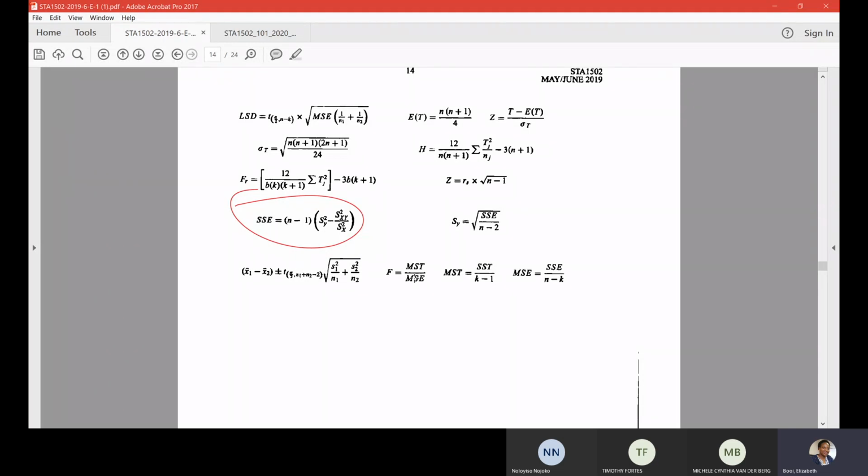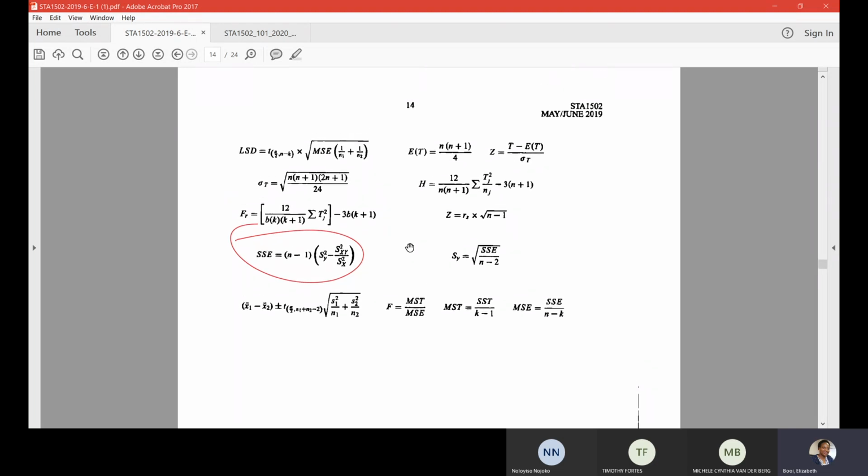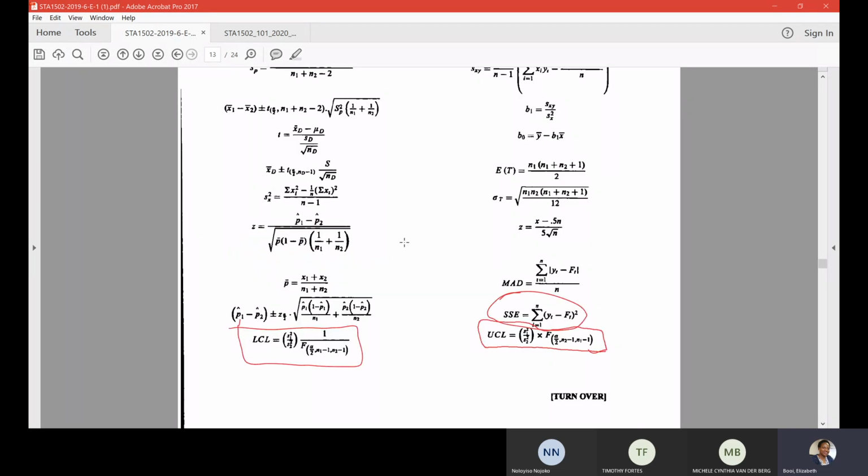It is n1 times your variance minus the covariance over your variance of x2. That's the formula you have, but there should be a simpler formula that you can use as well.